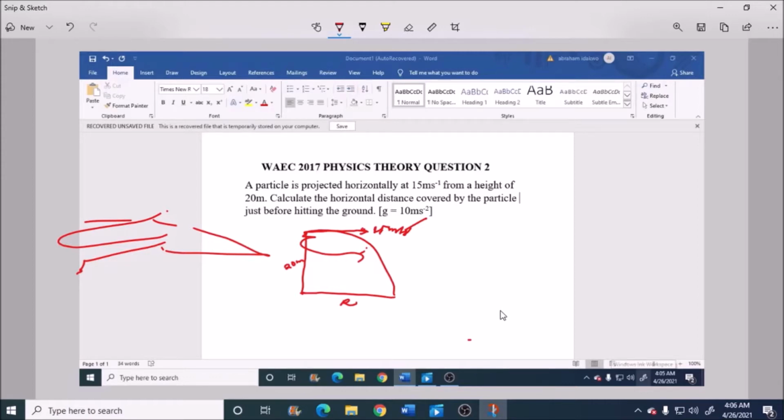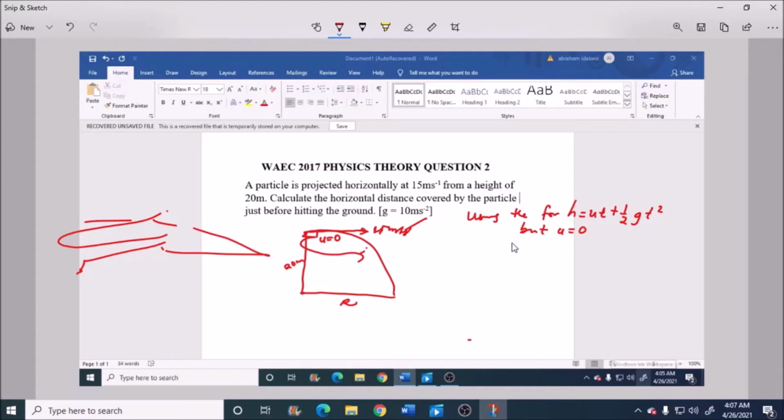All right, now using the formula h equal to ut plus half gt squared, but u is equal to 0, so we are left with h equals half gt squared, which is equal to 1/2 times 10 times t squared.